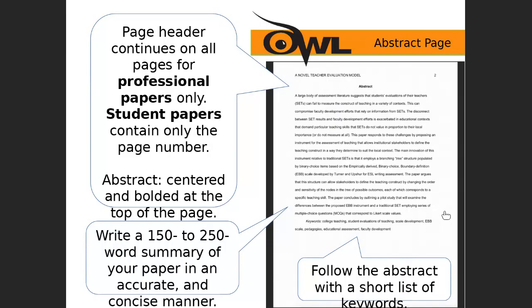A short list of keywords labeled with keywords in italics, written in line with the text, should follow the abstract. These terms and concepts might be helpful for the readers to find your specific work in a search engine.